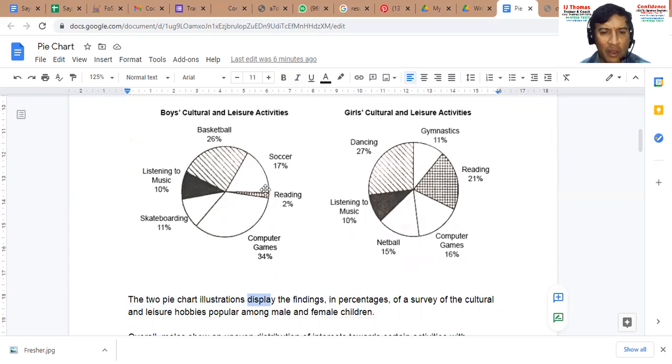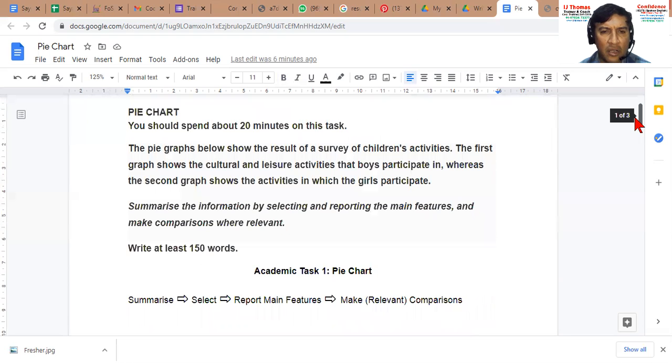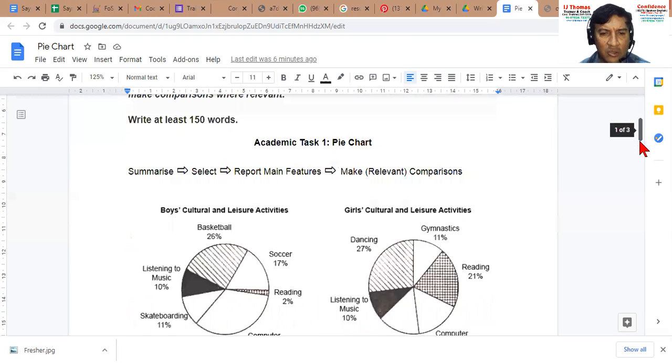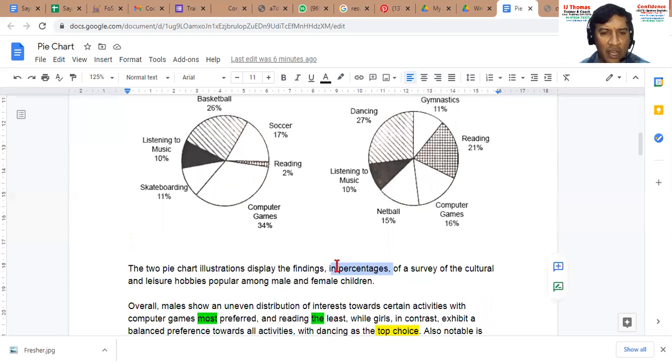And what does it display? The findings. In what unit is this, my friend here? In percentages. And the question had the words a result of a survey. So I used survey by the percentage, the findings of a survey of the cultural and leisure hobbies.